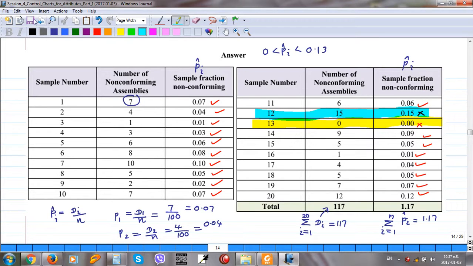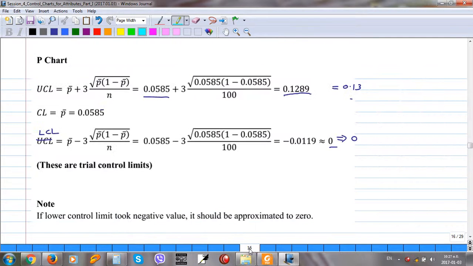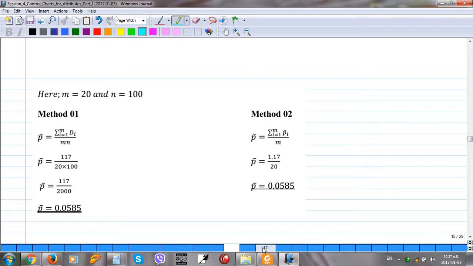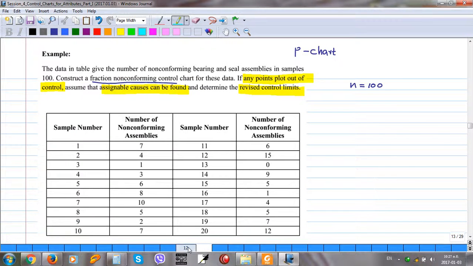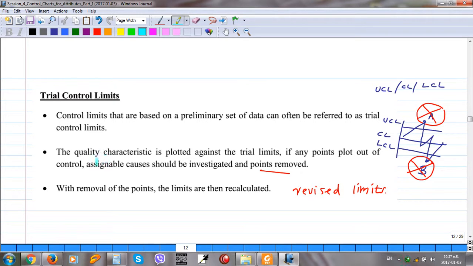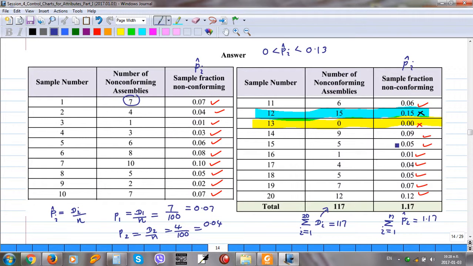So what is the theory? This is the theory. If the quality characteristic is plotted against the trial limits and any point goes out of the limits, it should be removed. So these two need to be removed.